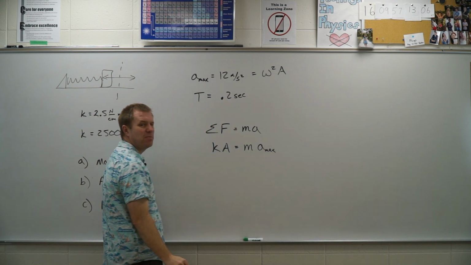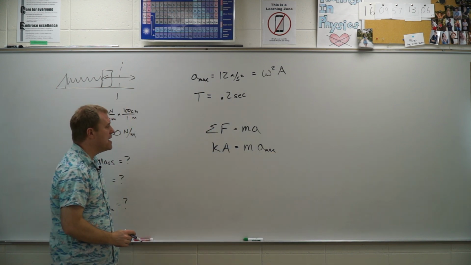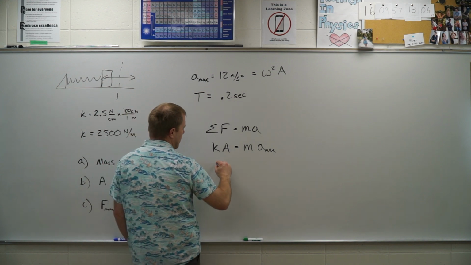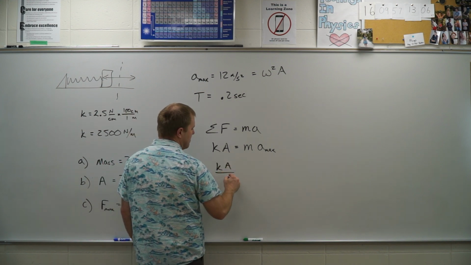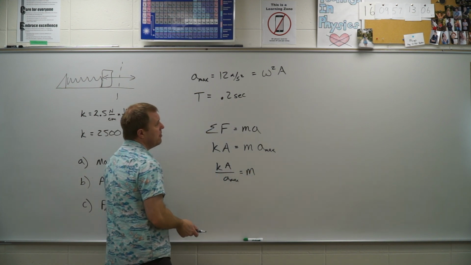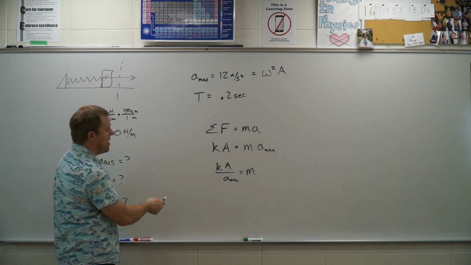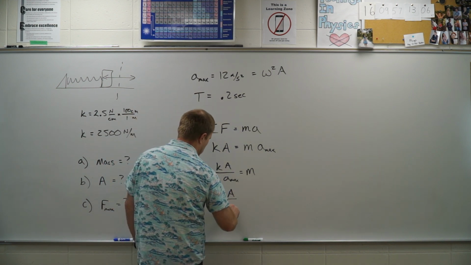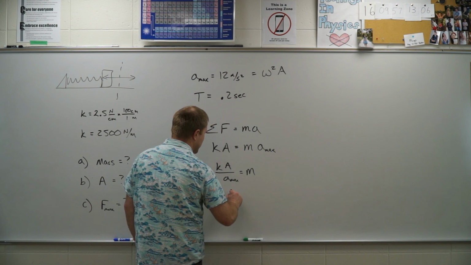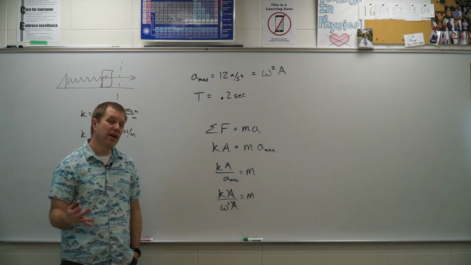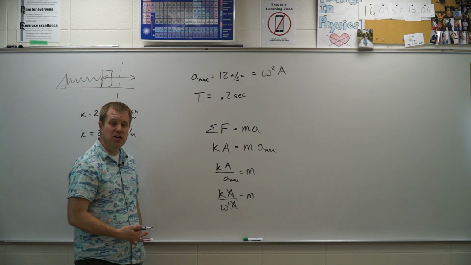Looking at this specific point, I should be able to put this all together. I end up with kA divided by a max equals m. Now if I substitute in a max, I get kA divided by omega squared times A, and so those A's cancel out, and I don't actually need to know that A value yet.